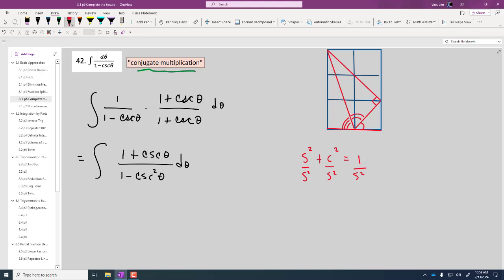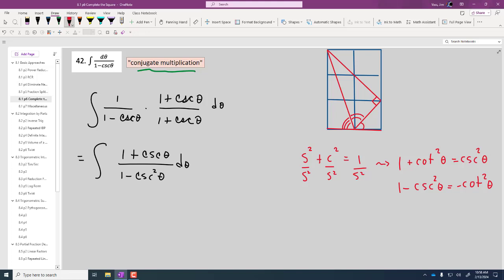Sine squared over sine squared is 1. Cosine over sine is cotangent, then we're squaring it. And then 1 over sine is cosecant, so that's cosecant squared. So if we subtracted the cosecant squared to the left to generate exactly what we have over there, then we would have to subtract the cotangent squared to the other side.